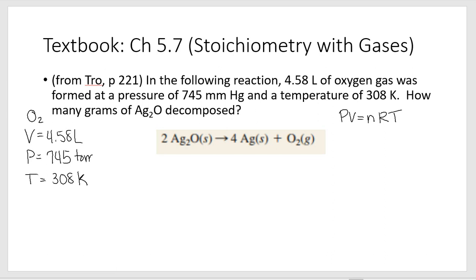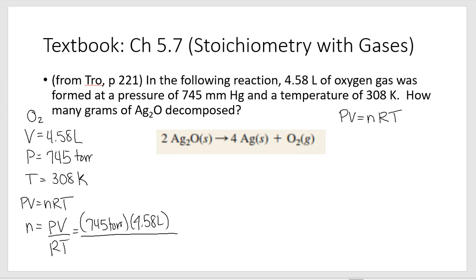It looks like we've got a P, a V, and a T, and we know PV equals nRT. So it looks like we should have enough information to rearrange and solve for n. This should tell us moles of oxygen. We know the pressure is, again, 745 torr. The volume is 4.58 liters. I want to make sure I choose the appropriate R value.